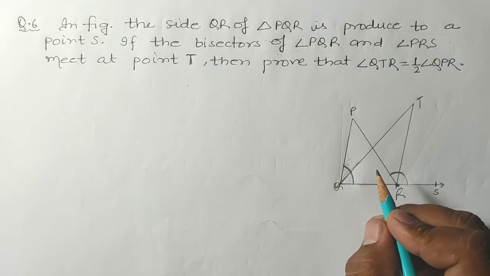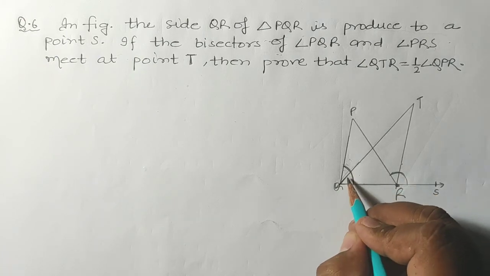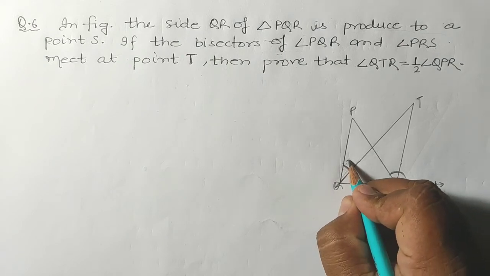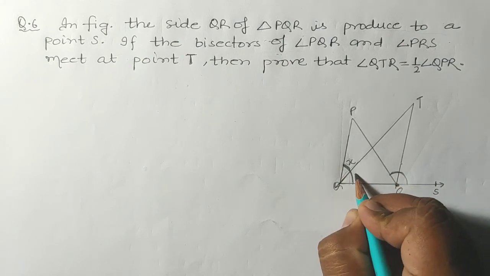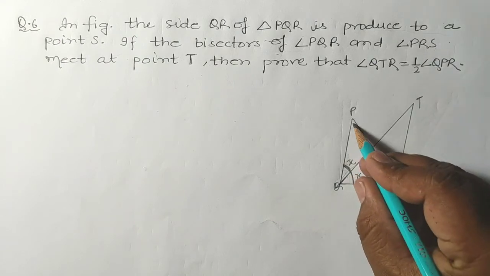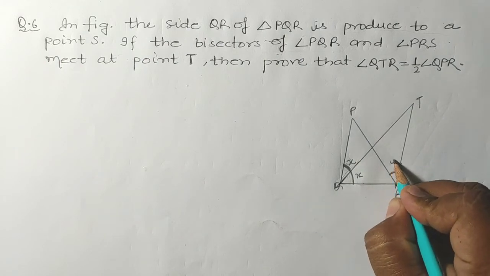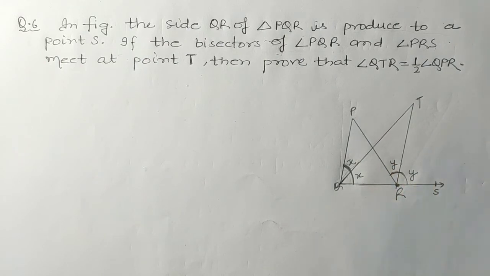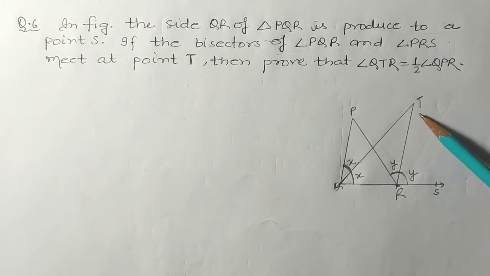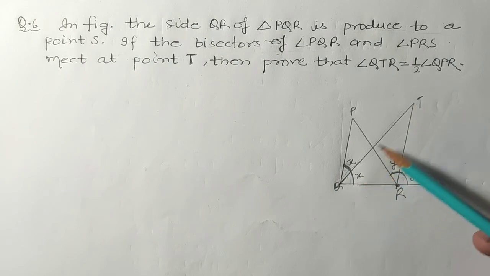I have told you the concept of bisector, na? The bisector means dividing in two equal parts. So if this is angle x, then this will also be equal to angle x. And this RT is also the bisector of angle PRS. So if this is y, then this will also be equal to y. Okay, and both the bisectors are meeting at point T. This is written in the question.